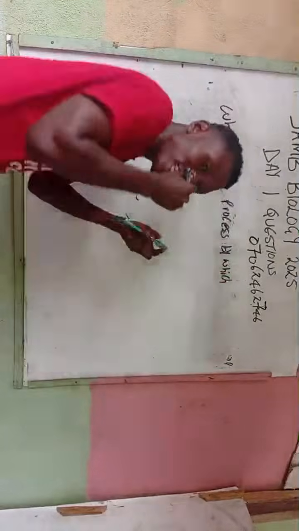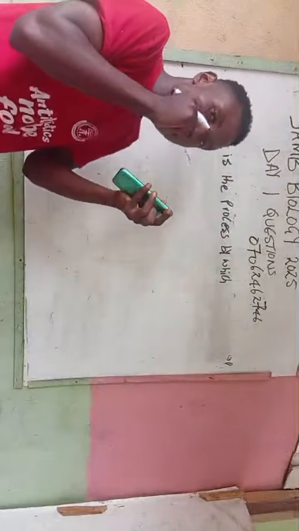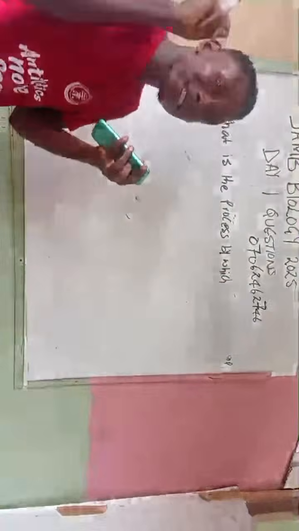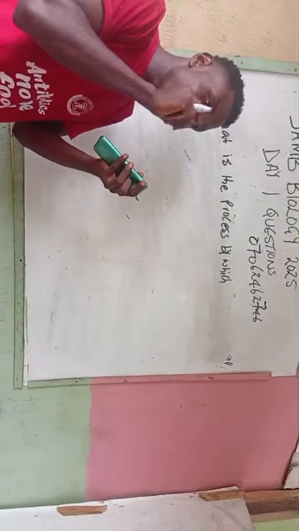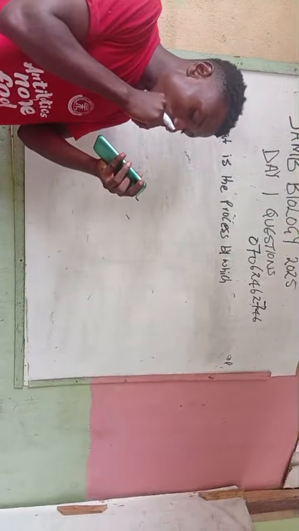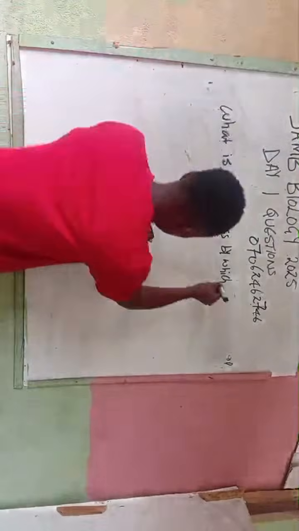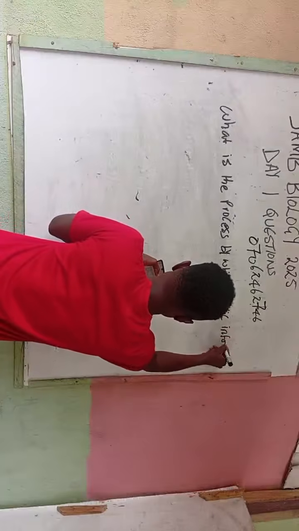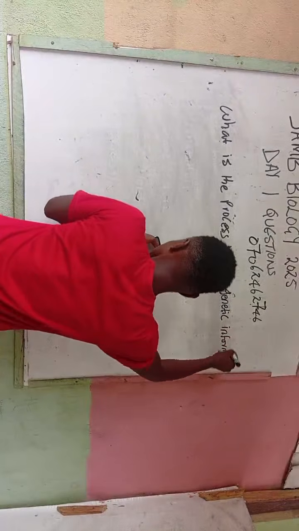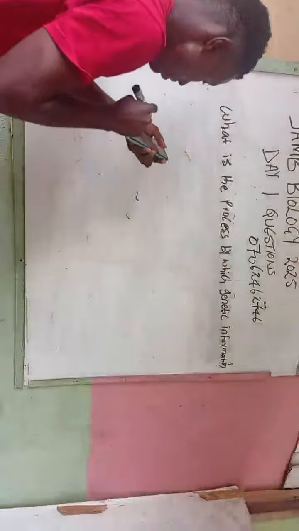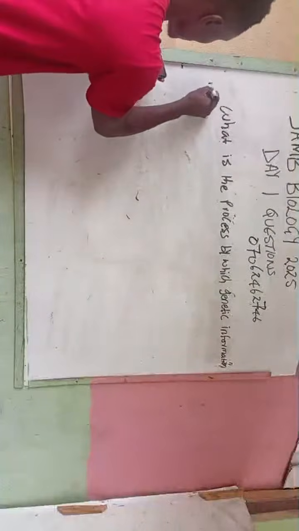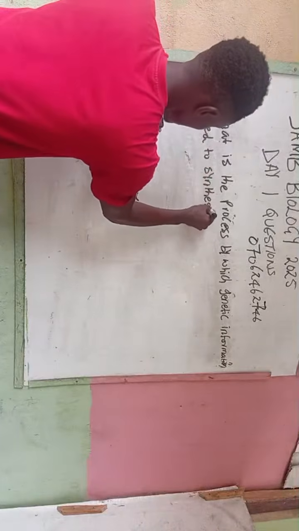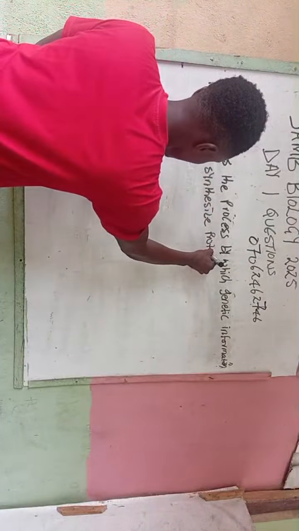Normally protein is synthesized by ribosomes, right? But at this particular time we are using genetic information. So what is the process by which genetic information is used to synthesize proteins?